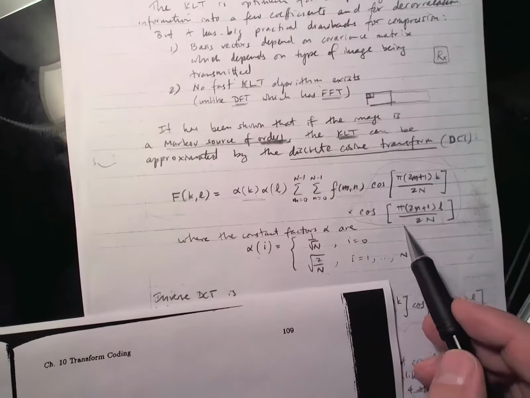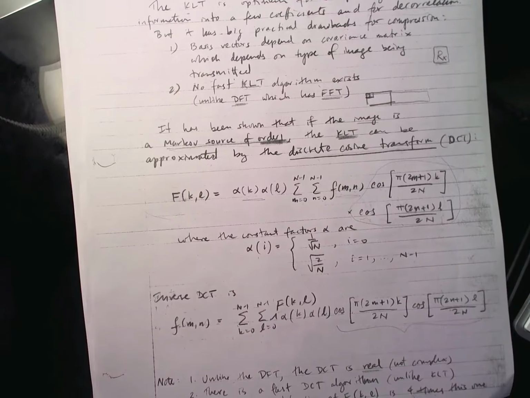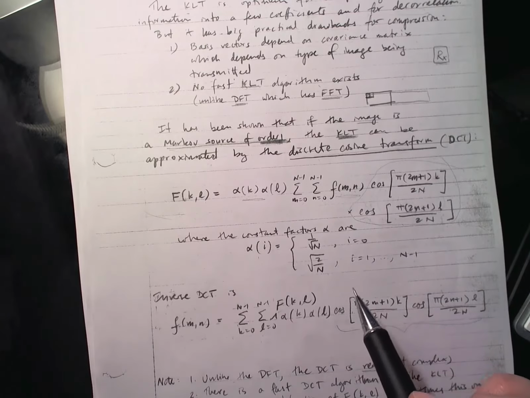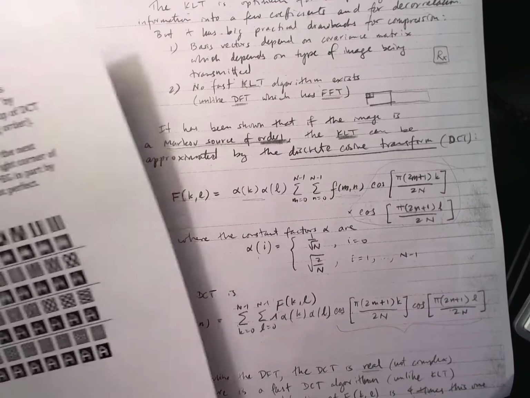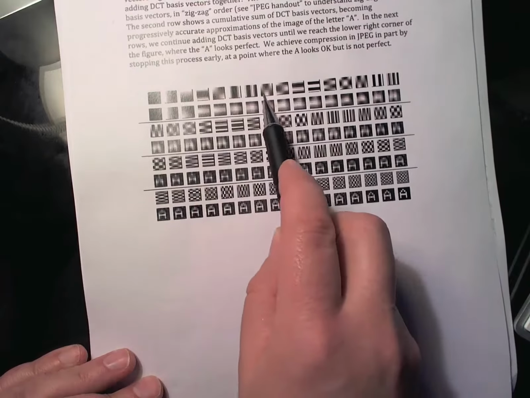So these are the basis functions, basis images, basis vectors, I guess you could say, that are describing what's happening in the DCT. What we're saying is that any image, which is, let's say, 8 by 8 pixels, can be made by adding these little images together in the appropriate amounts.